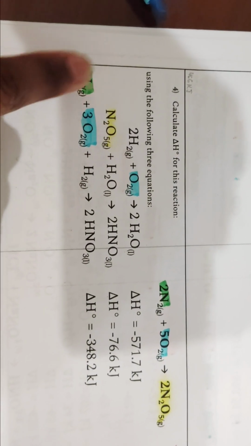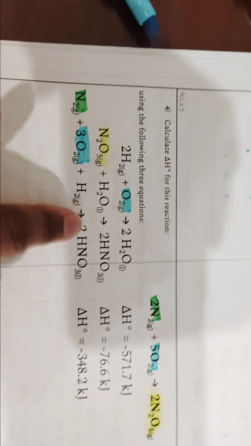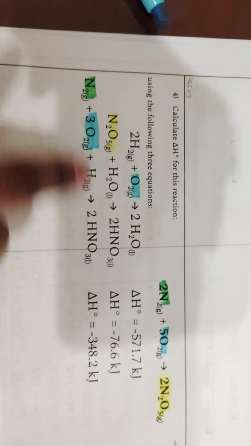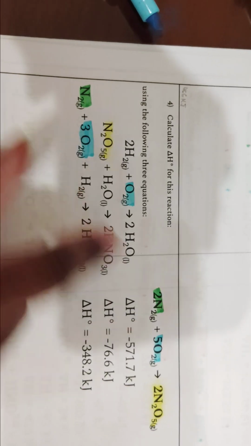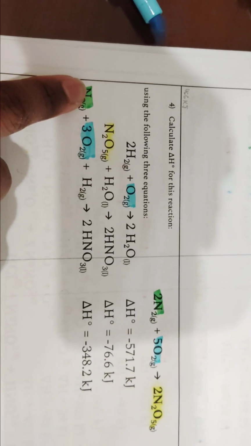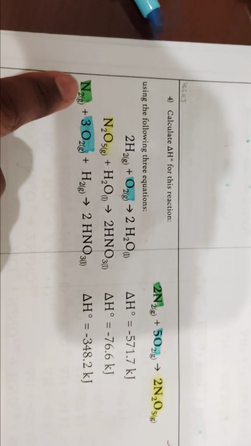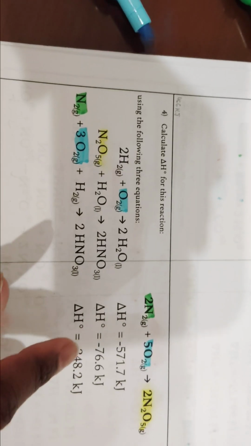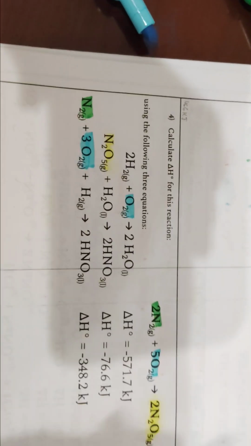So we're going to have to multiply this whole equation by 2. We won't have to flip it, because it needs to be on the reactant side, and it's on the reactant side. So I'm going to multiply it by 2, as well as its enthalpy change, and we'll be right back.